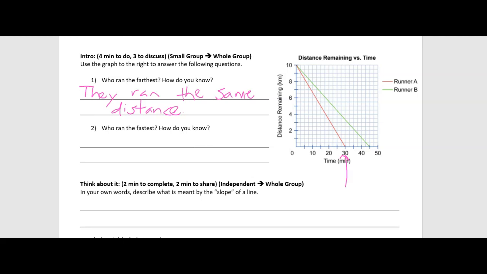And it took runner B 45 minutes. So runner A ran fastest because it took him 30 minutes compared to runner B's 45.